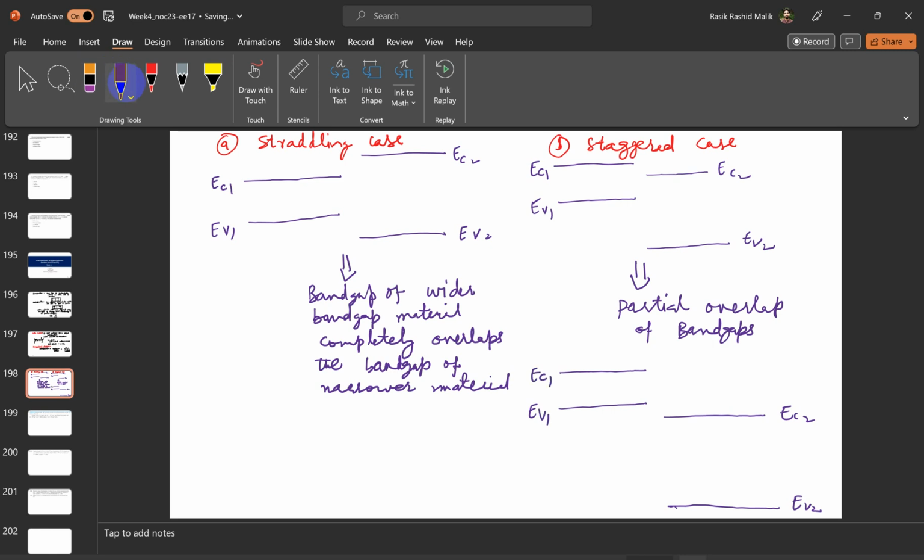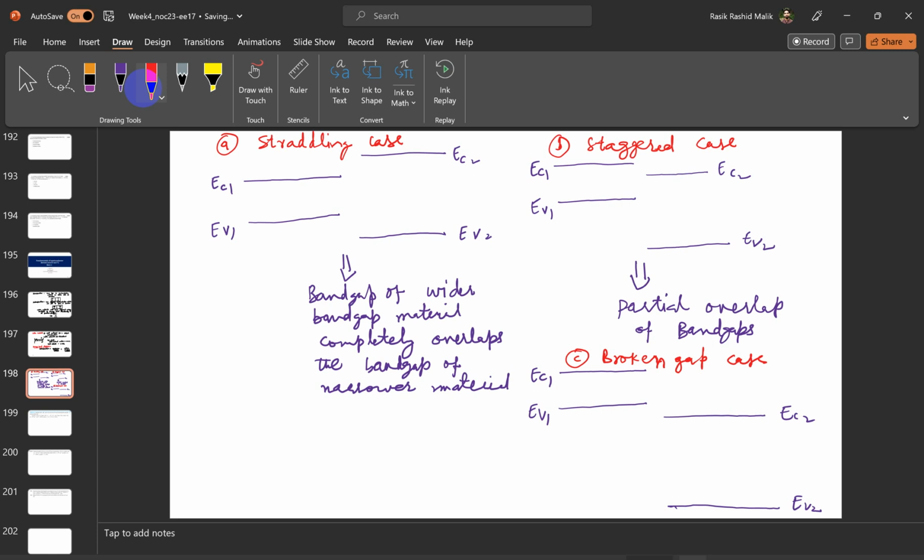So here the band gaps are completely misaligned. So this type of heterojunction is called the broken gap case heterojunction. Okay, but most of the heterojunctions are of type A, the straddling case.